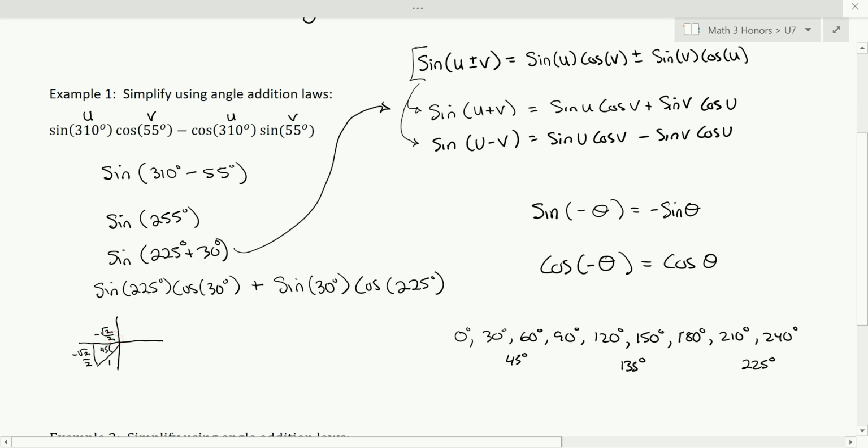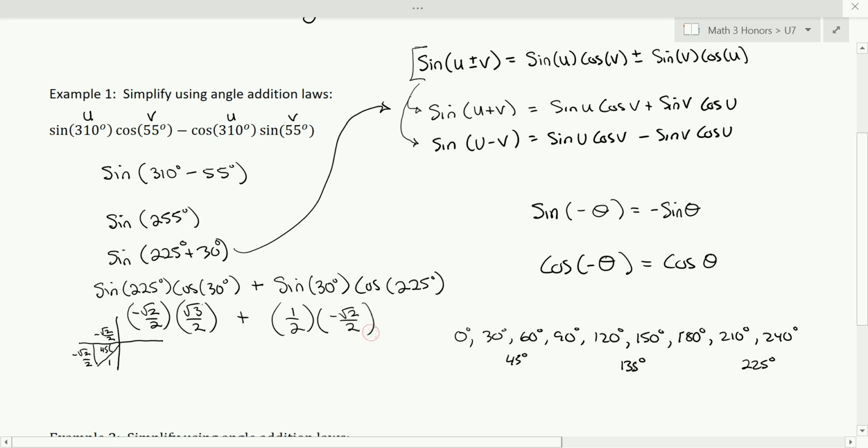So the sine of 225 is what? Negative root 2 over 2. Cosine of 30, you guys remember? Root 3 over 2. Sine of 30, 1/2. And the cosine of 225? Negative root 2 over 2.